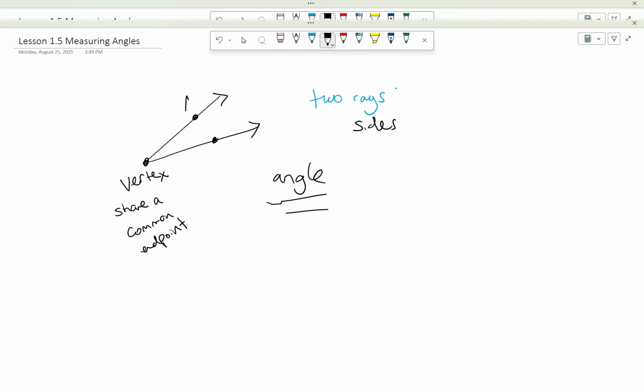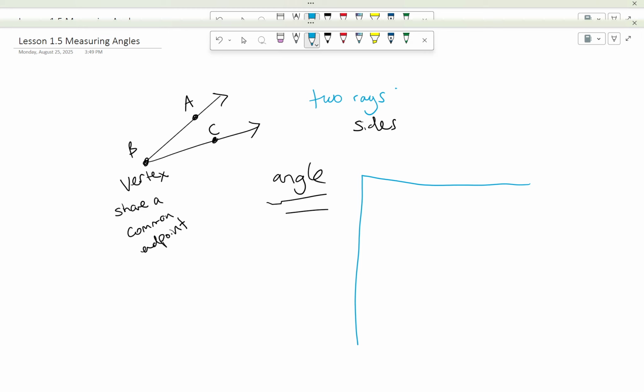Every single one of these points, we're going to give a capital letter. And then what we do to name an angle is we do it by the vertex. The vertex has to appear in the middle when we list the three points. Here are the first two.